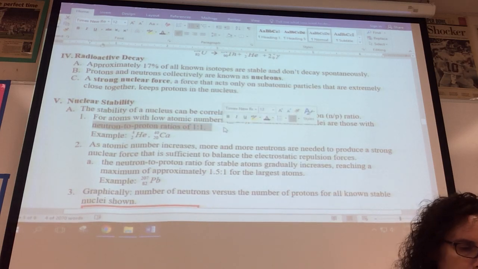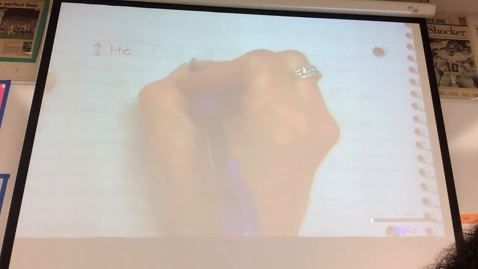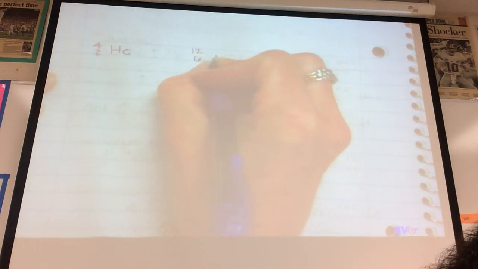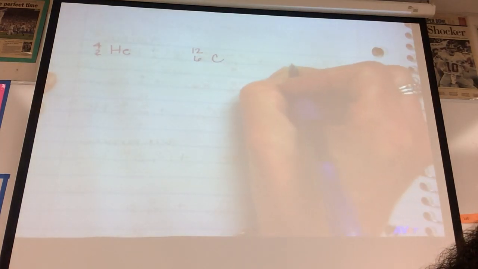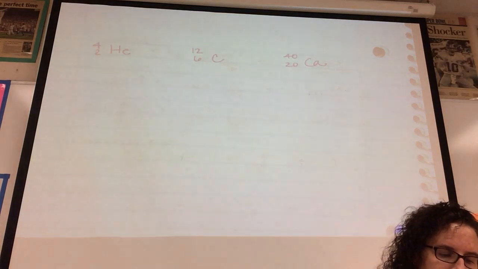For example, we can look at helium. We can look at carbon. We can look at calcium. All of these have atomic numbers of 20 or less than 20.